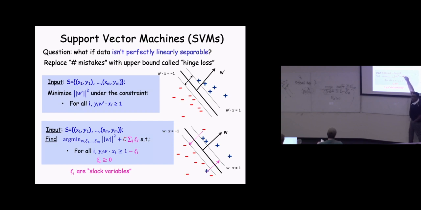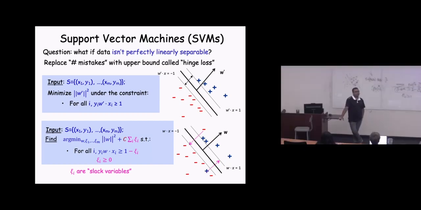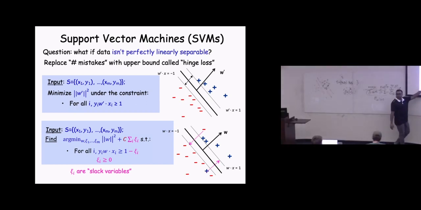And this C is just a constant that gives you a weight between how much you want to optimize for this versus this, which one is more important to you. So C is just a constant. Is this formulation clear? This definition?